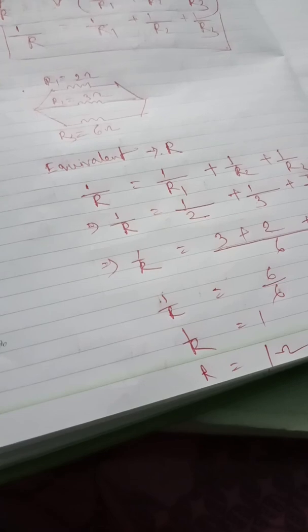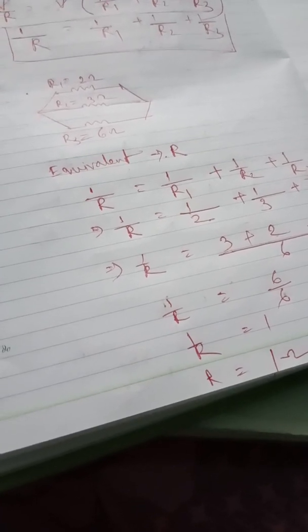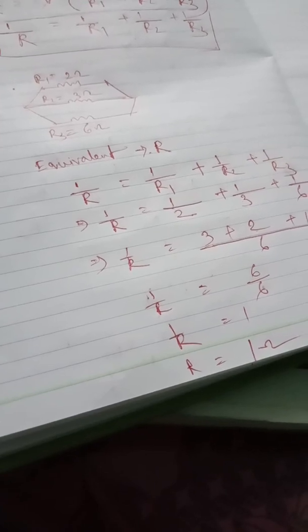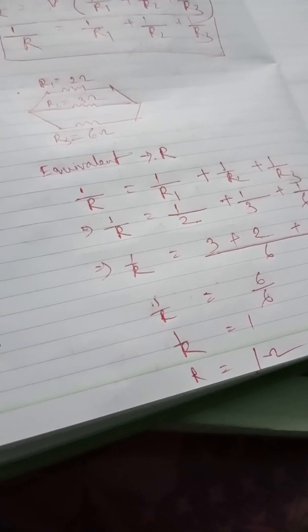So we use the parallel combination if we need low resistance. Suppose in any experiment you need 1 ohm resistance but 2, 3 and 6 ohm are supplied to you. If you connect these 2, 3 and 6 ohm in parallel, then you will get 1 ohm.